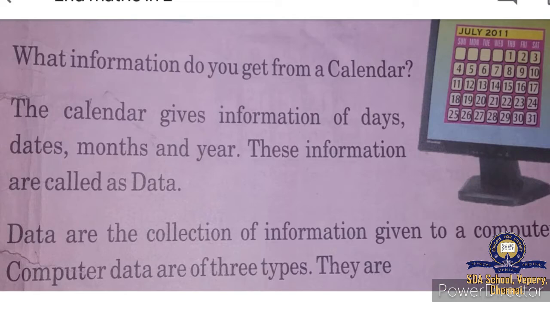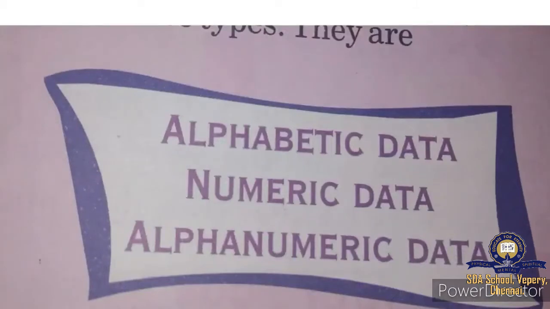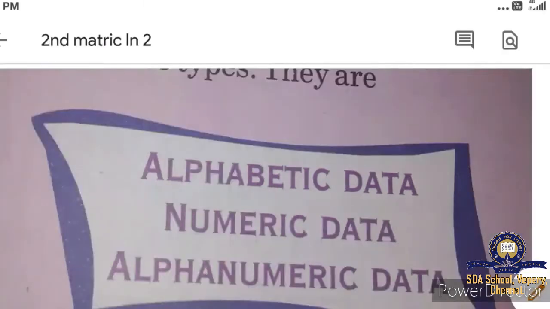Alphabetic data, numeric data, alphanumeric data. The types of data are alphabetic data, numeric data, alphanumeric data.